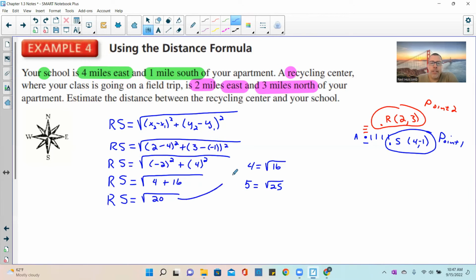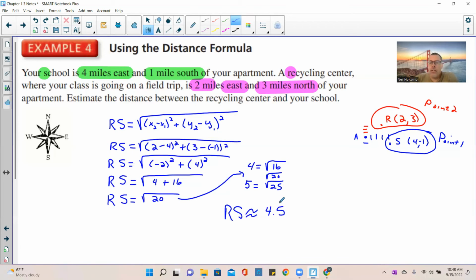So I know the square root of 20 is in between 4 and 5, approximately 4 point some miles. 20 is 4 away from 16 and 5 away from 25, so it's really close to the middle. I would say RS is approximately 4.5. It's actually 4.4 something.